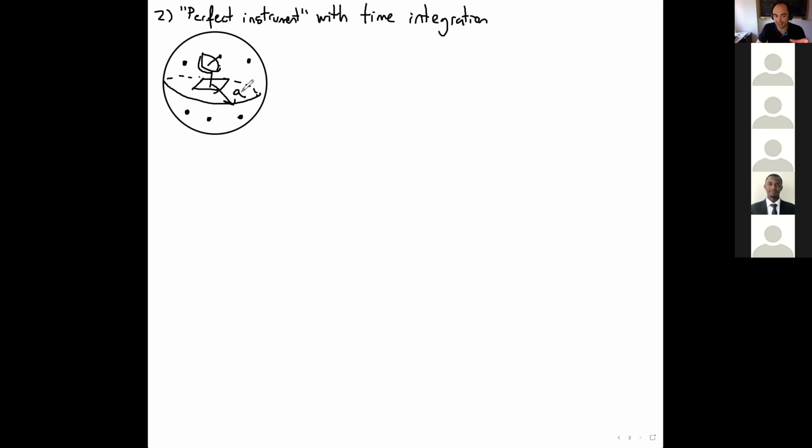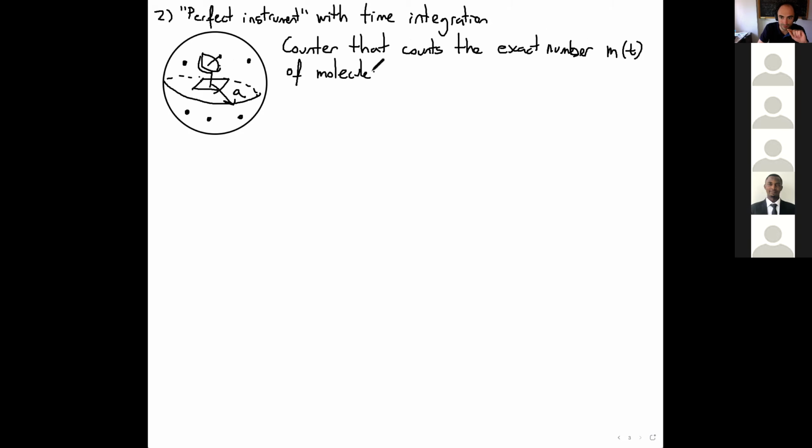But now we say that the cell is a counter that counts the exact number of molecules within a sphere of radius A, which I will sometimes call SA, at time t.